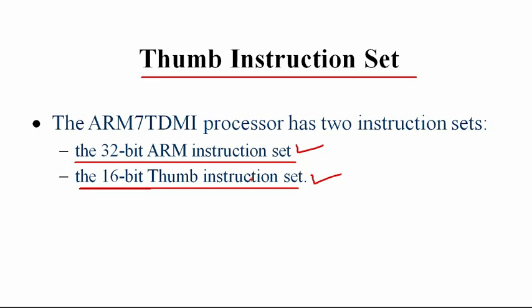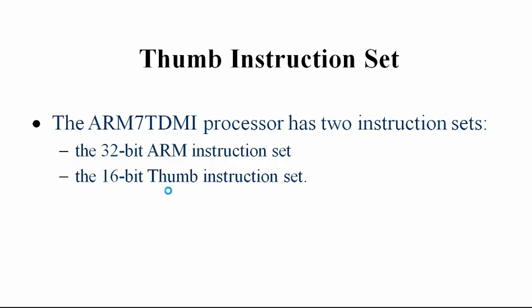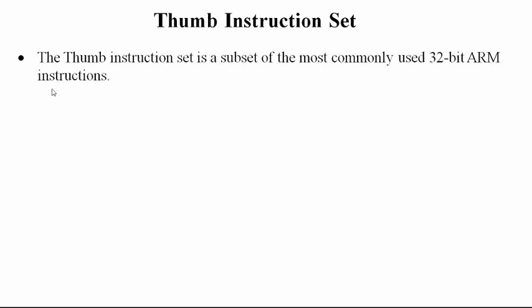So what is the advantage then? That I'll explain in the next slide. So, thumb instruction set. Basically, the thumb instruction set is a subset of the ARM processor, and it is operated in a 16-bit mode. Yes, thumb instructions are 16-bit long.